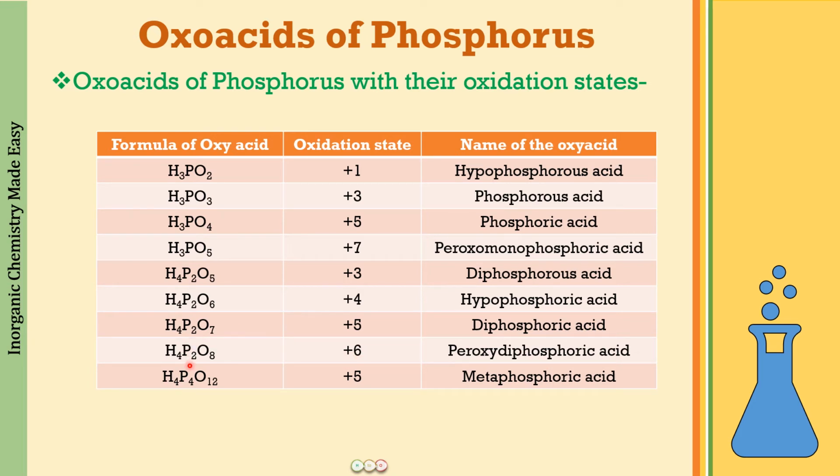Here we have 2 oxygen, so it is going to be diphosphoric acid, and peroxy is already there. So this is going to be a peroxy linkage. Here also it is going to be a peroxy linkage that is present. Only left is this +4, which is in between the oxidation state of phosphoric and phosphorus acid. So just remember, this is hypophosphoric acid.